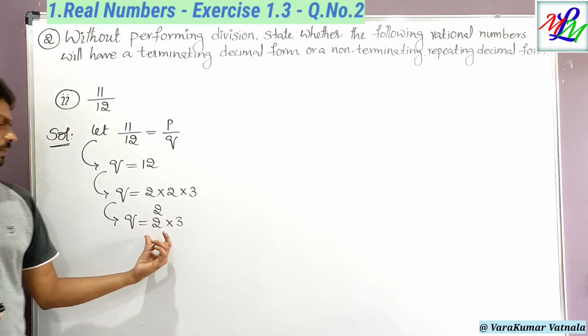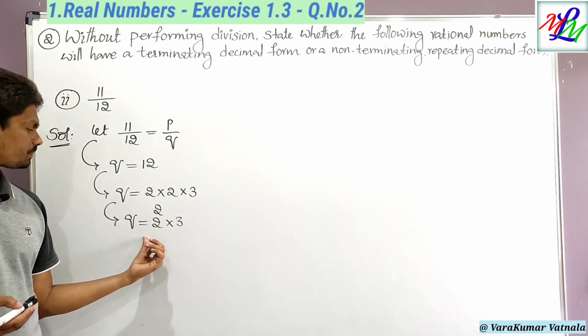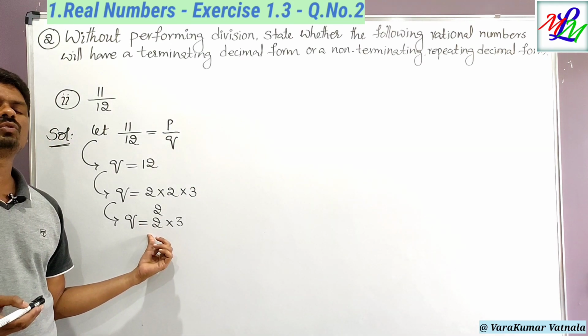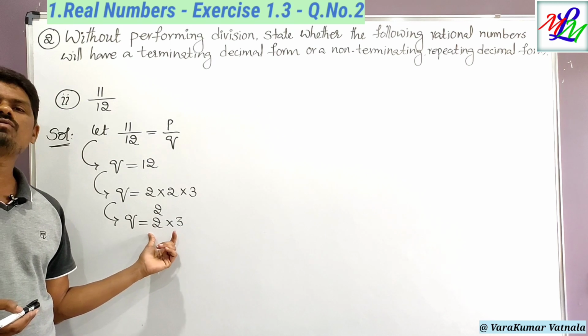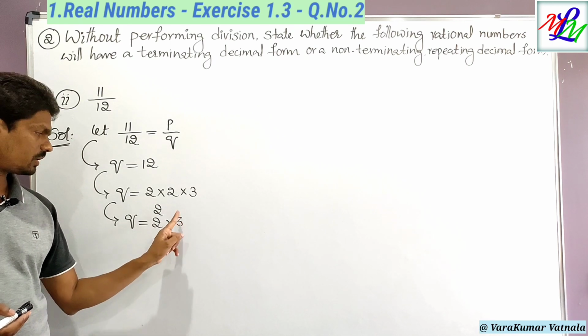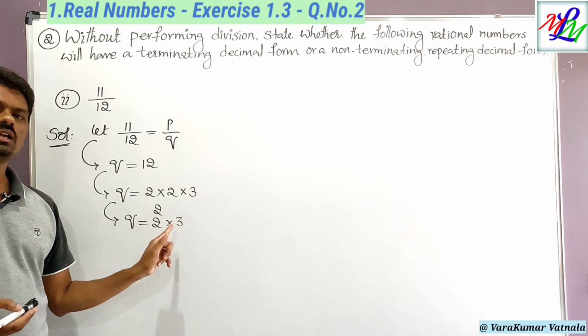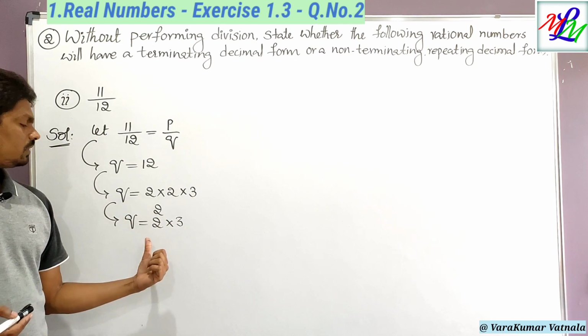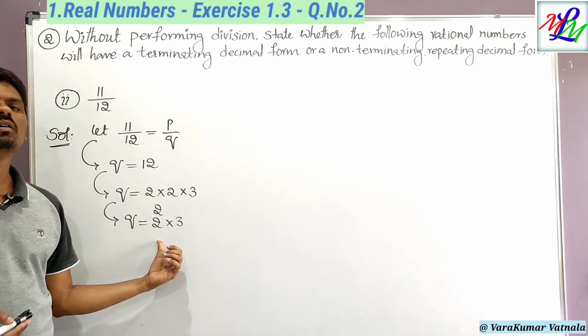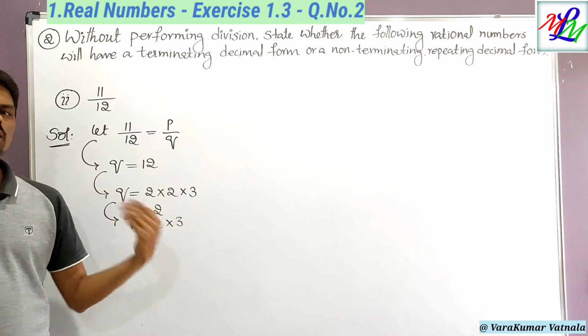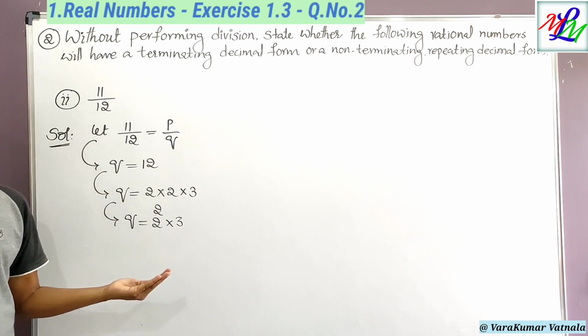So here the prime factors of q are not in the form of 2 to the power n into 5 to the power m. So here there is a 3. So we can say the given rational number will have a non-terminating repeating decimal form.